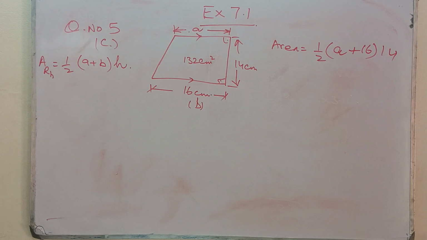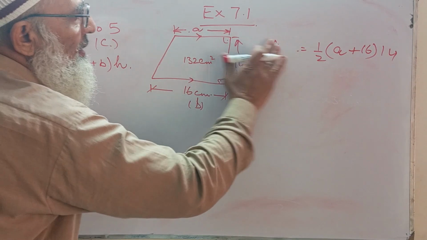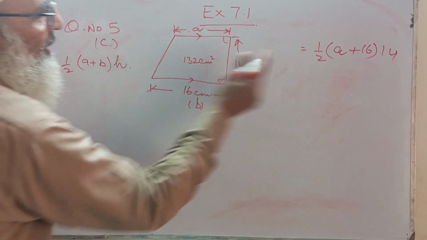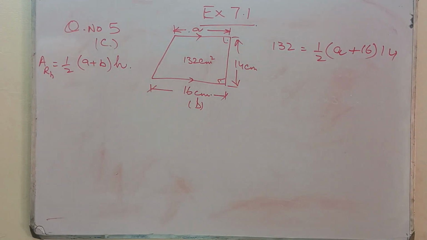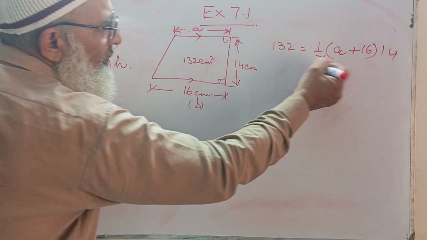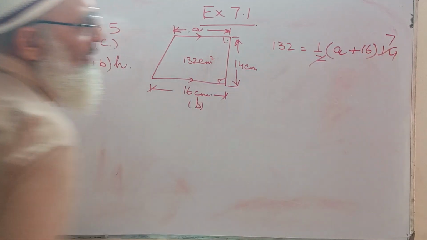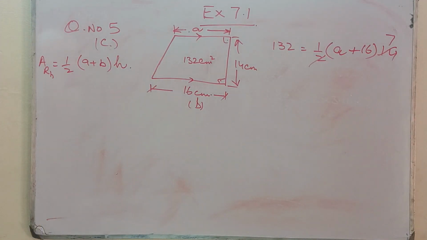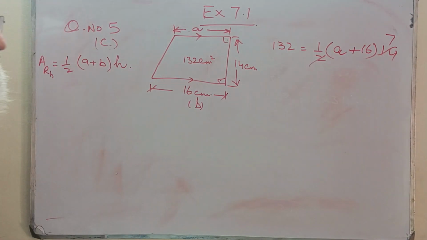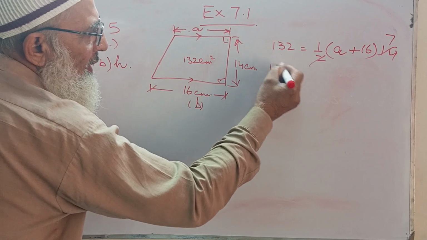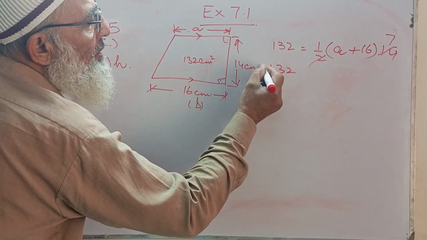Also the area is given over here as 132. Now you see that this half is cancelling with the 14, giving 7. Now my dear students, we have cancelled this 14 with this 2. The rest of the question is like this.